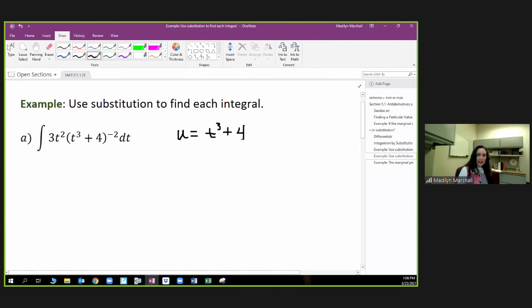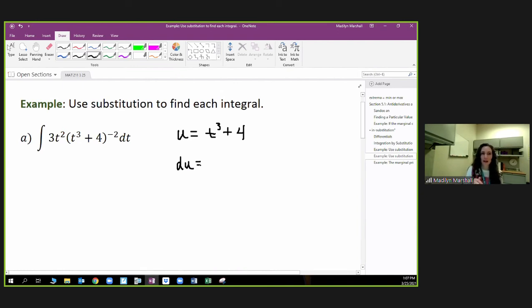And so anytime we choose a u, even if we are pretty confident that that is going to be the u, we always need to make sure. When you're finding du, don't look at the original integral, just find du based on the u you chose, and then check to see if it matches the integral.